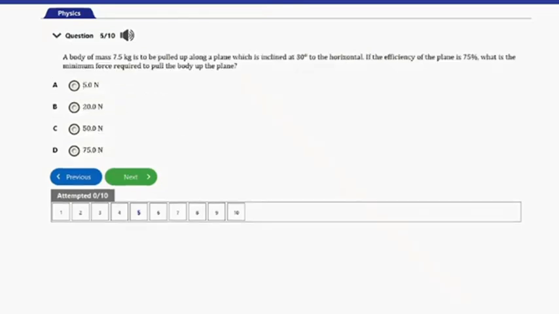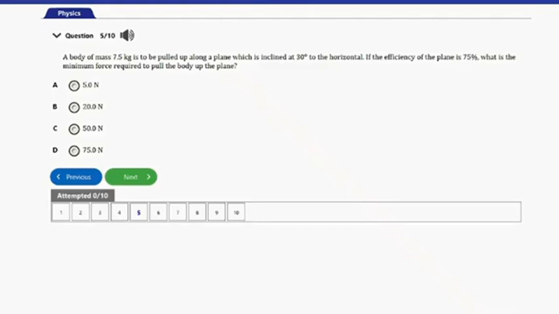So guys, the next question, question number 5 here says, a body of mass 7.5 kg is to be pulled up along a plane which is inclined at 30 degrees to the horizontal. If the efficiency of the plane is 75%, what is the minimum force required to pull the body up the plane?